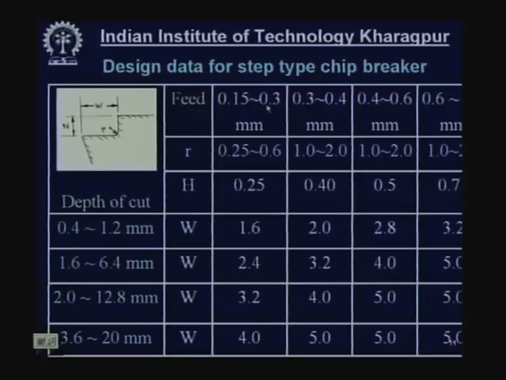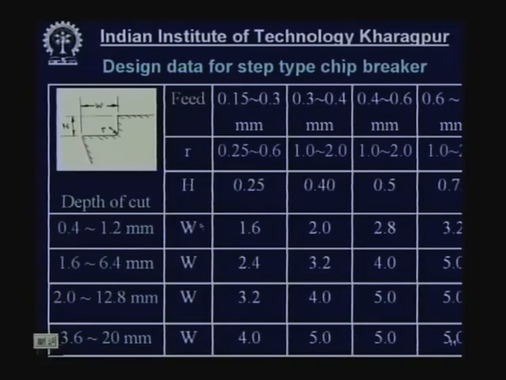Suppose these are the different feed ranges: 0.15 to 0.3 millimeter per revolution, 0.3 to 0.4, 0.4 to 0.6 and so on. Depending upon the feed, the radius r should also vary. It should increase proportionally with the increase in feed, say 0.25 to 0.6 and so on. Height may vary, you can assume it, say 0.25 millimeter, 0.4 millimeter, 0.5 millimeter and 0.75. This is the depth of cut.